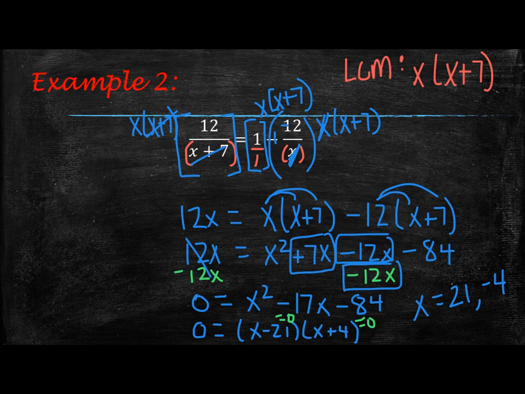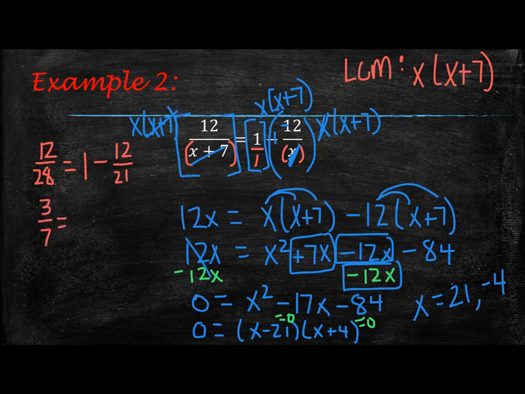Okay, so you'd want to check and make sure that none of these are extraneous solutions, which I'm going to show over here. So if we have 12 over 21 plus 7, which would be 28, equals 1 minus 12 over 21. 12 over 28 can both be divided by 4, so that would be 3/7.